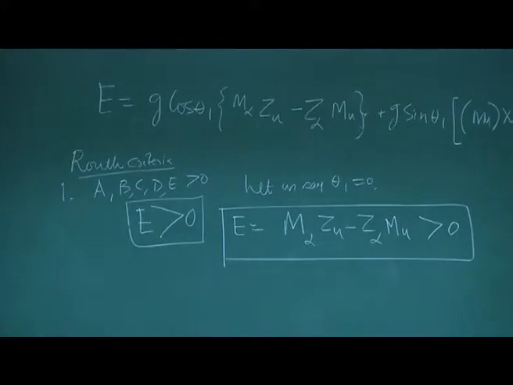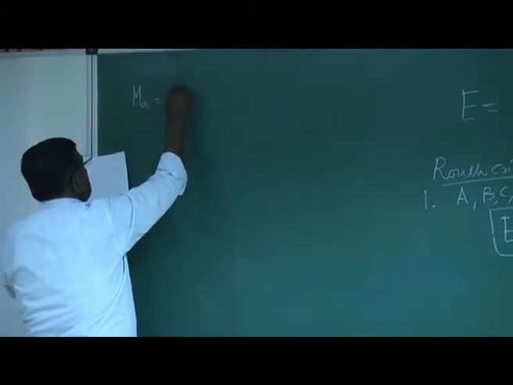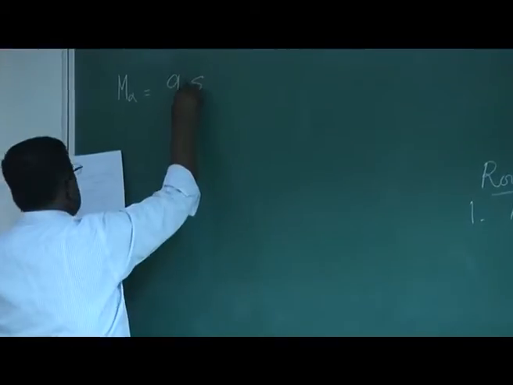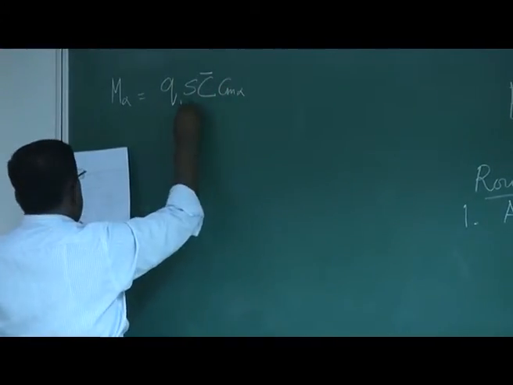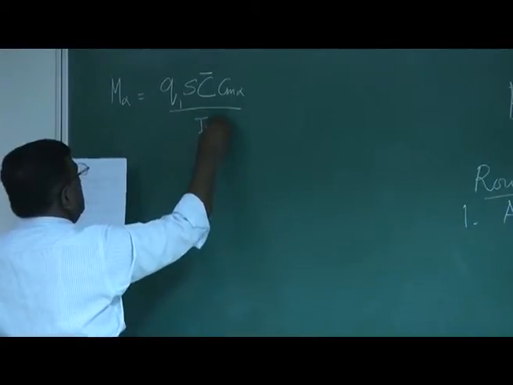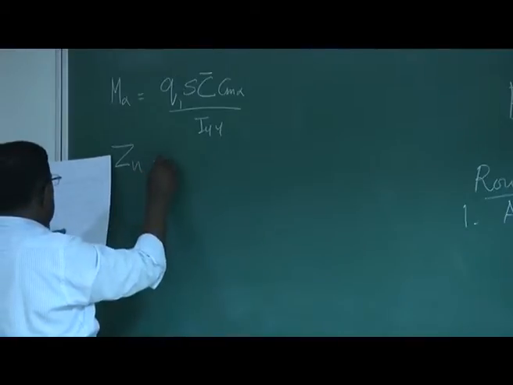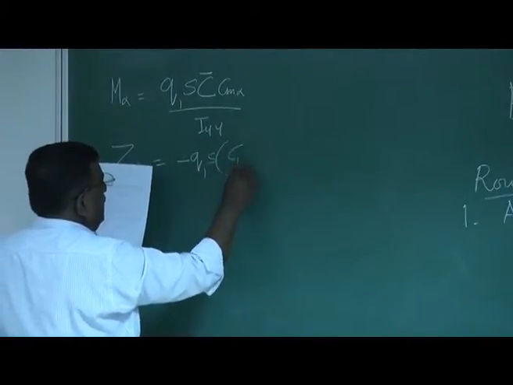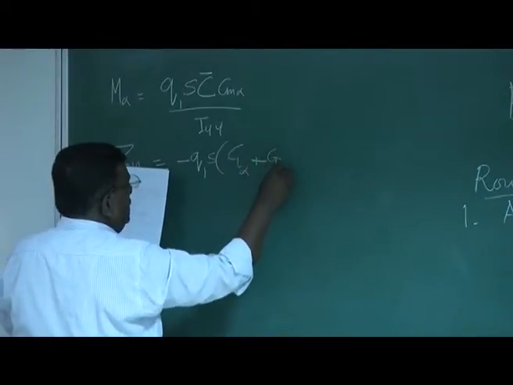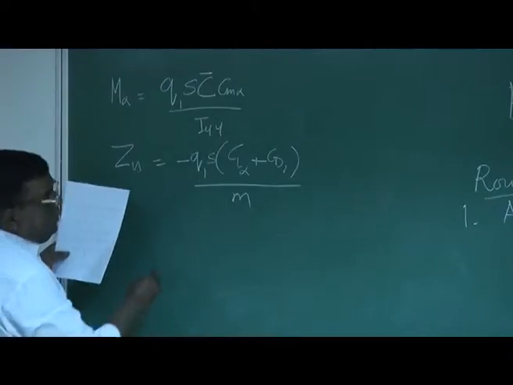Let's go back. What was m alpha? M alpha was defined as Q1 S C bar Cm alpha by Iyy, and then the second term is Zu. What is this Zu expression? It is minus Q1 S Cl alpha plus Cd1 by m. And what is Z alpha?